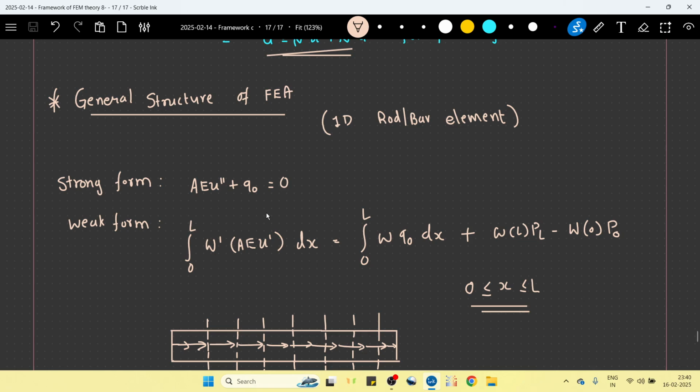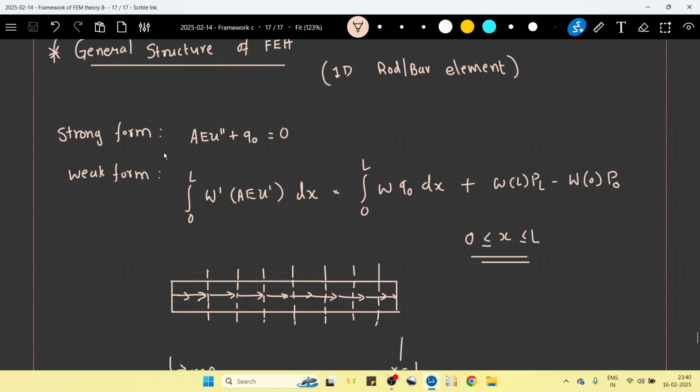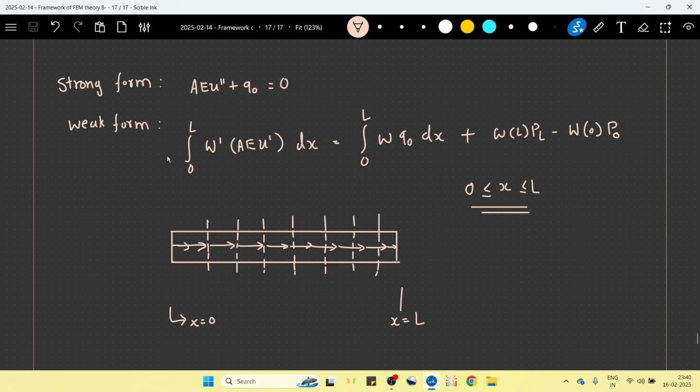So let's start the topic of today's lecture, that is the general structure of FEA for 1D bar element. So the strong form, as you know, is AEu'' plus Q0 equal to 0, and the weak form looks something like this.